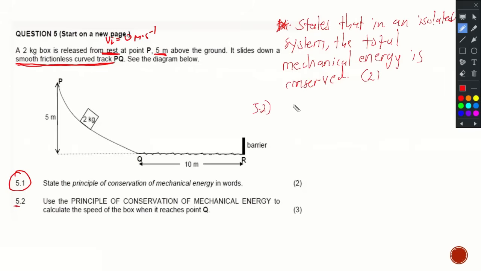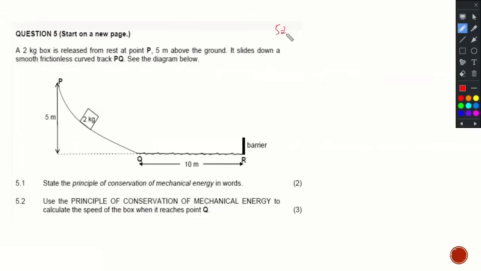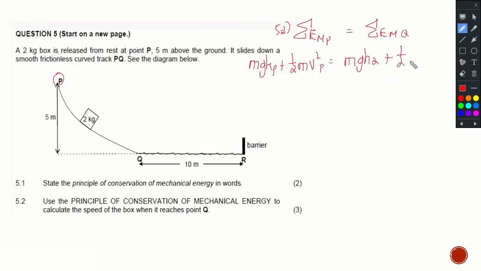For 5.2, we say the sum of mechanical energy at point P, because it's starting from point P, is equal to the sum of mechanical energy at point Q. Breaking it down, we'll have mgh at point P plus half mv squared at point P, which should equal mgh at point Q plus half mv squared at point Q.